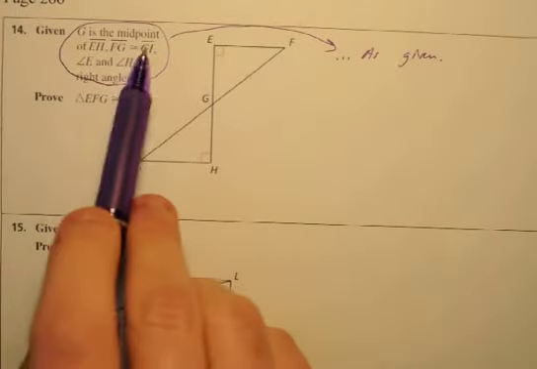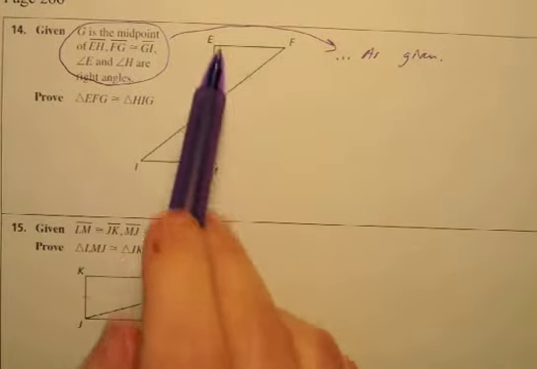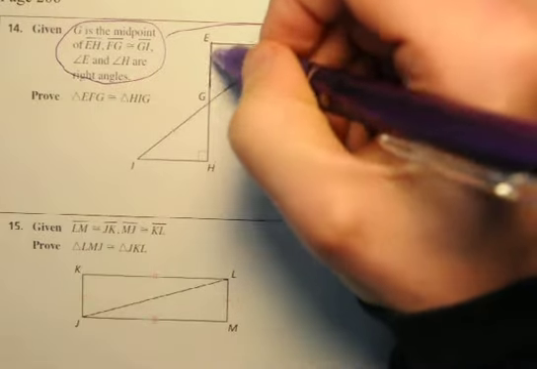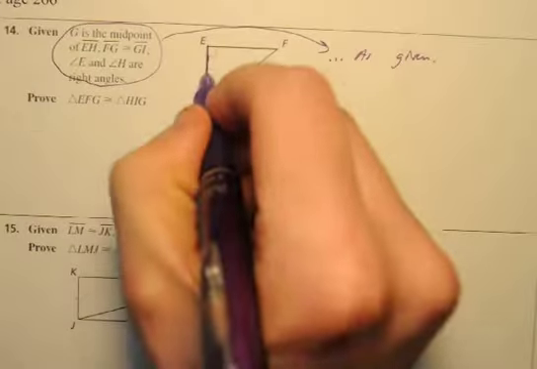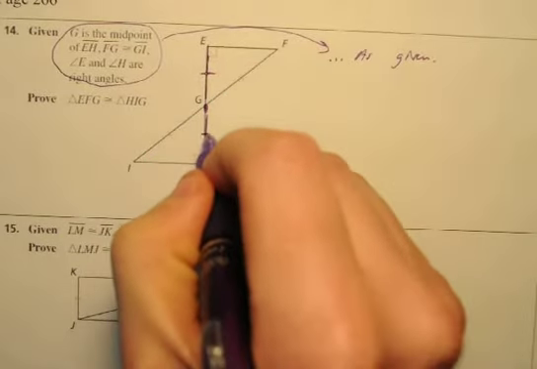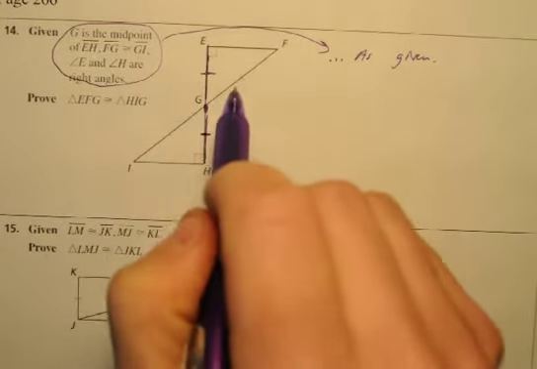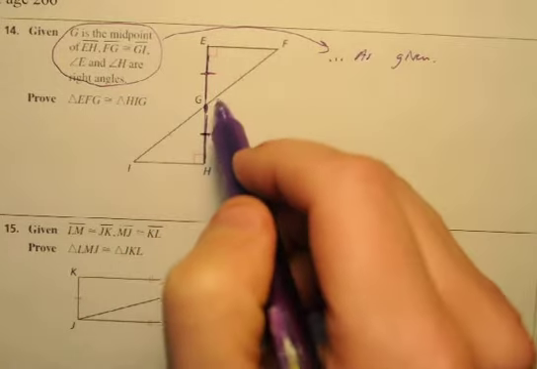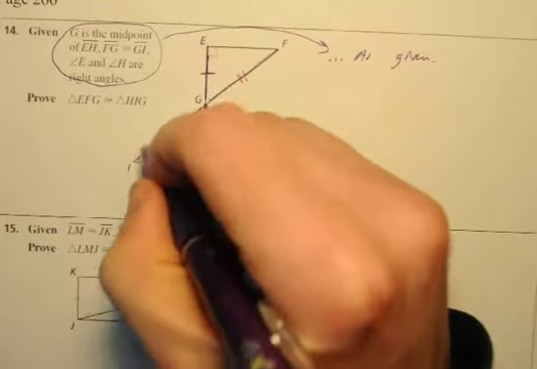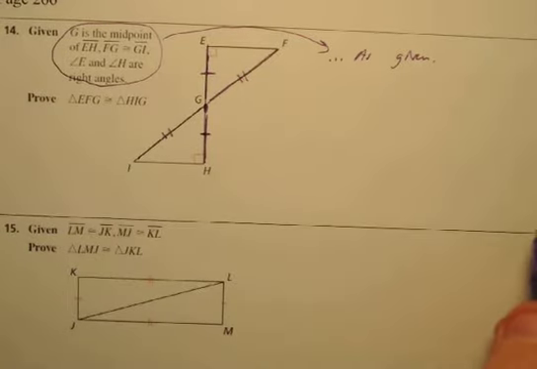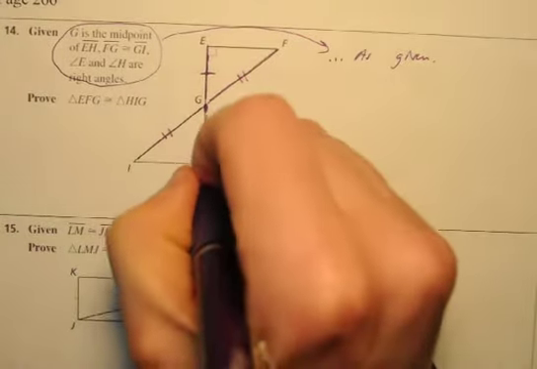We have that G is the midpoint of E and H, so I'm going to highlight that. We have that FG is congruent to GI, so that makes this also congruent to that. That's what we have. And we have right angles.